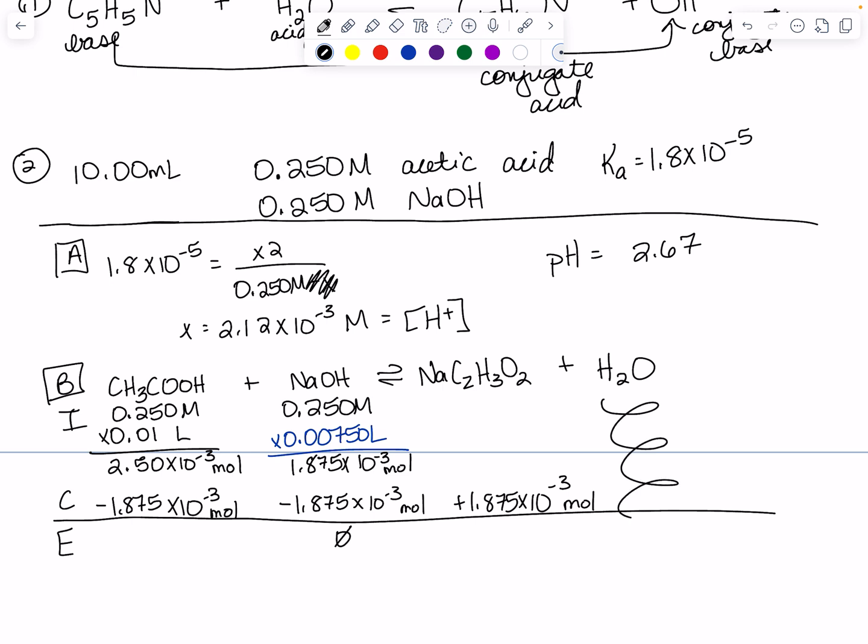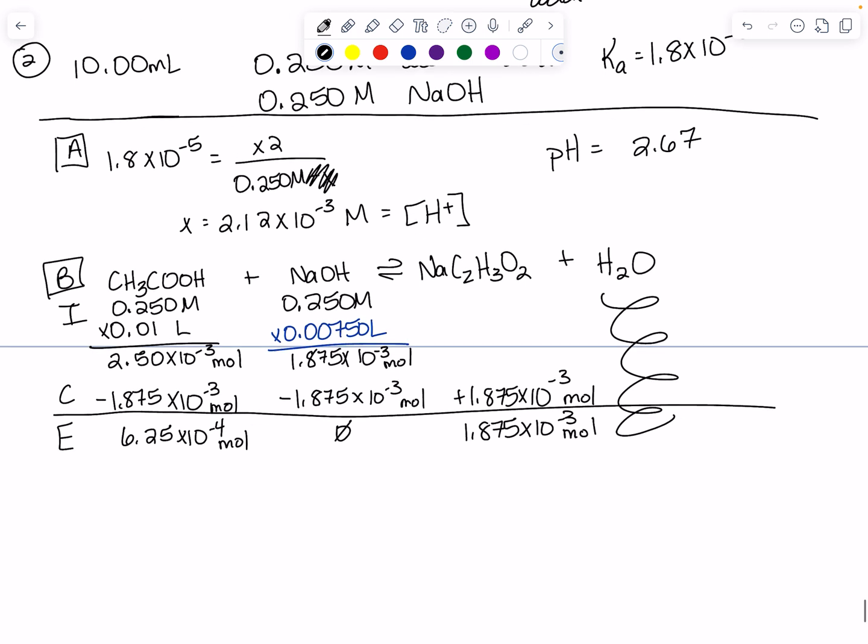Of course, the water is not going to matter because it's a liquid, and liquids do not show up in the equilibrium expressions. So then I subtract here, and at equilibrium I have 6.25 times 10 to the minus 4 moles of acetic acid and 1.875 times 10 to the minus 3 moles of sodium acetate.